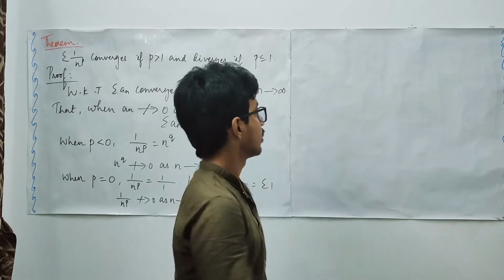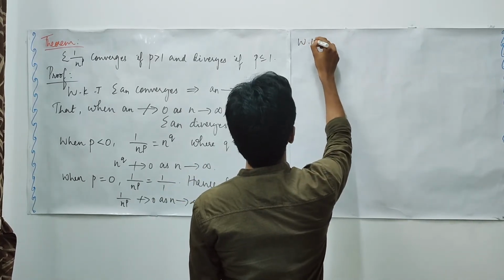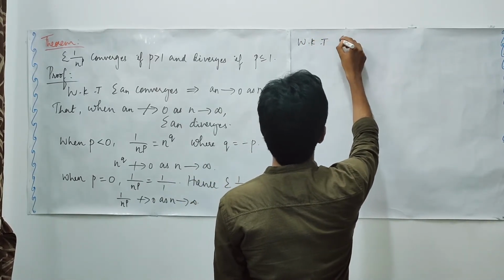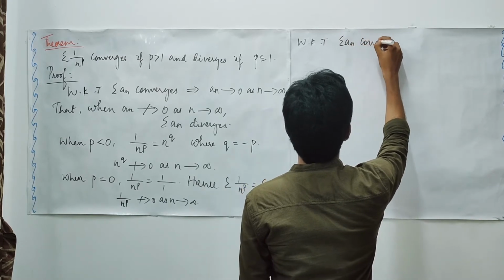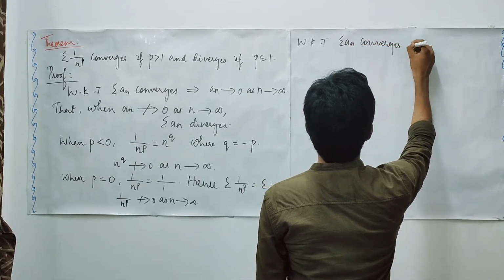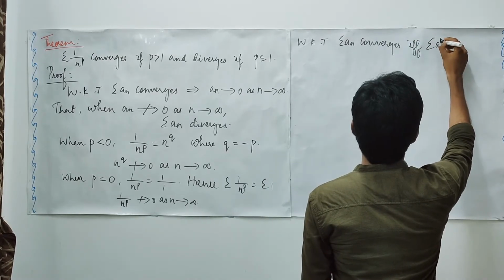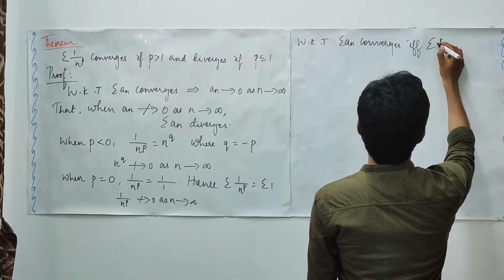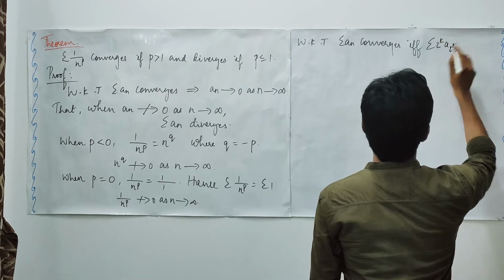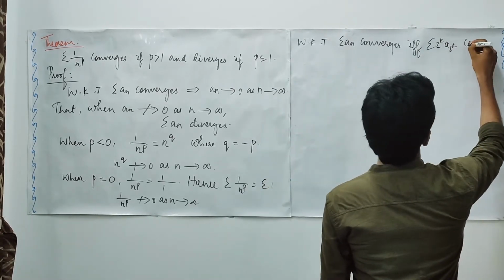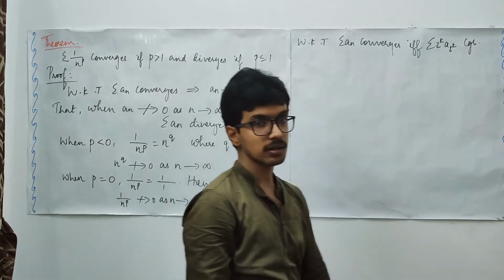And we have just seen in the Cauchy condensation test that summation an converges if and only if summation 2 power k a suffix 2 power k converges.